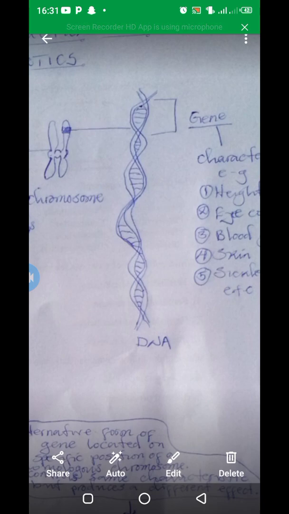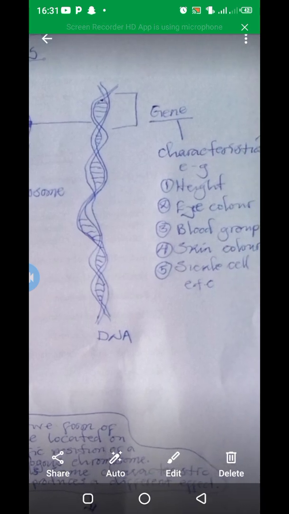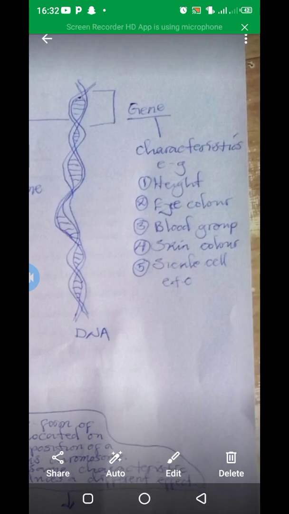Inside the DNA we find what is known as a gene. Each gene carries characteristics. We have different characteristics. Examples include height, eye color, blood group, skin color, sickle cell, and etc.